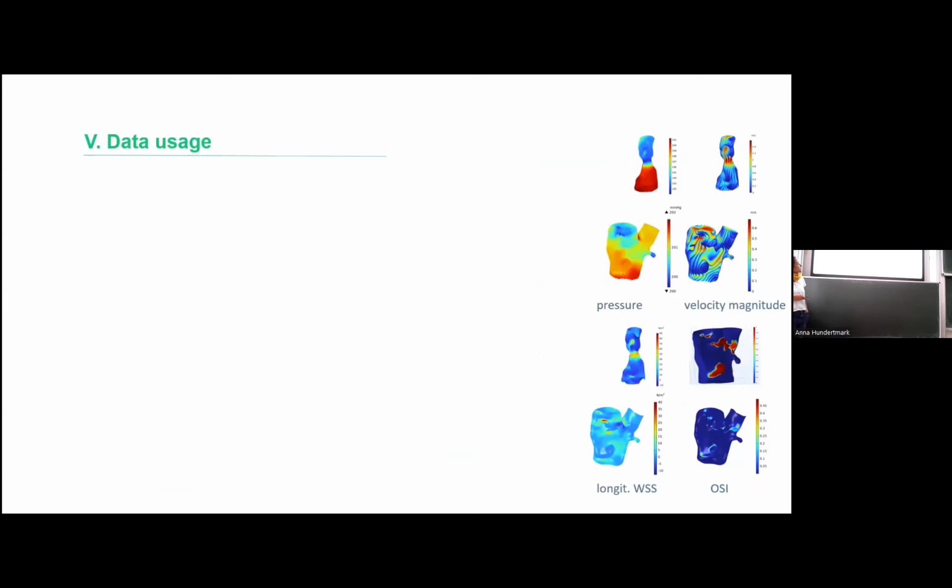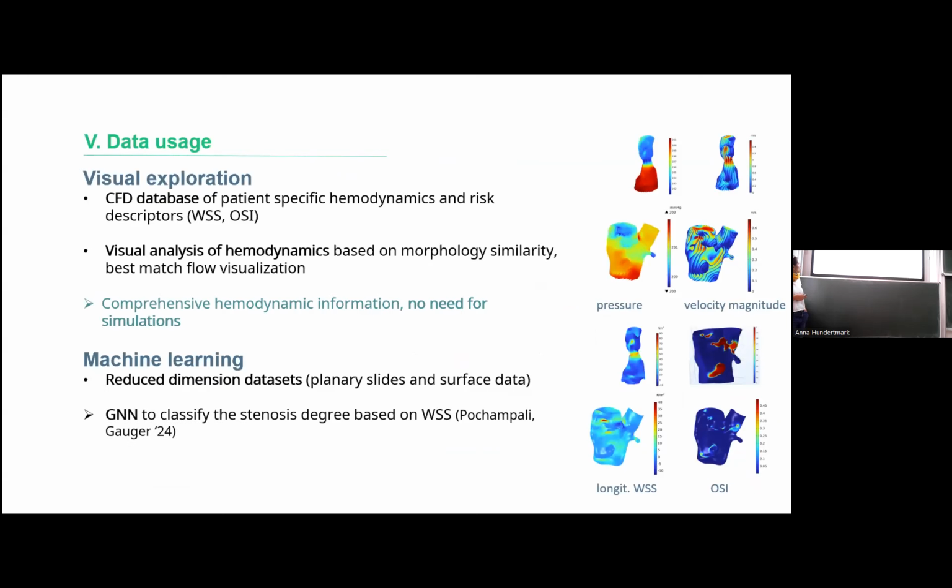And for the data usage, I just want to show one data usage with this visual exploration. Our partners from Vienna use this CFD database and these risk descriptors to visualize or to analyze the hemodynamic space on morphology similarity.